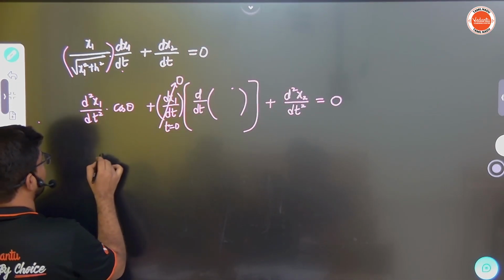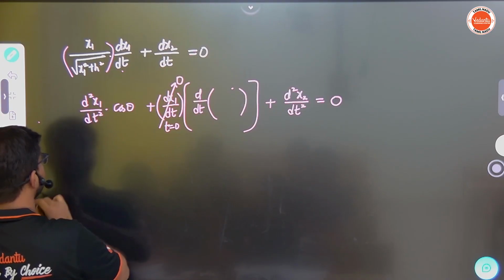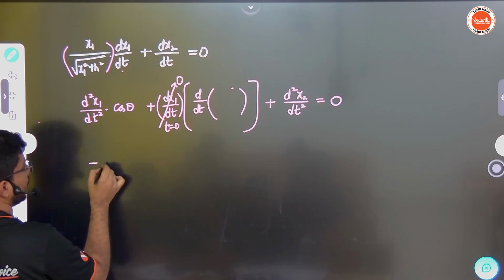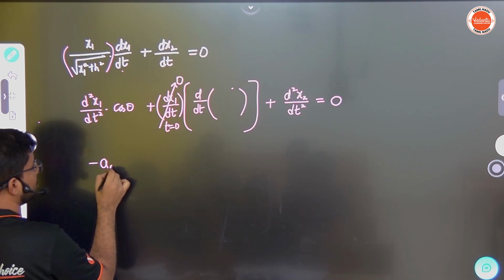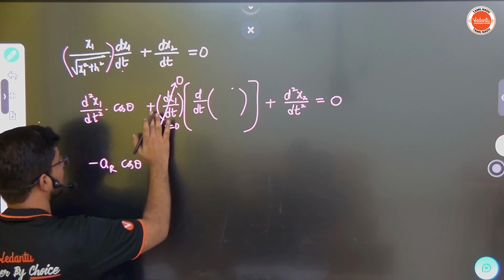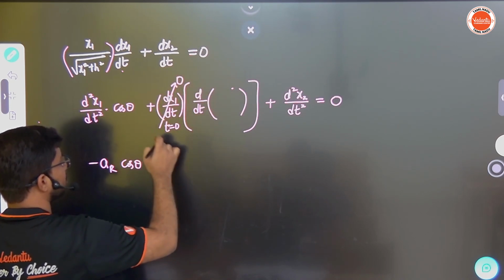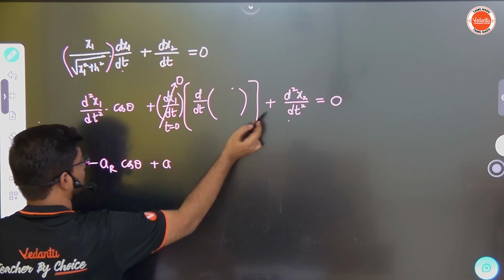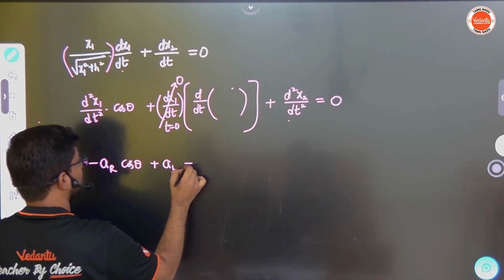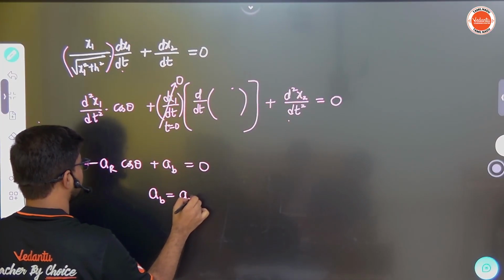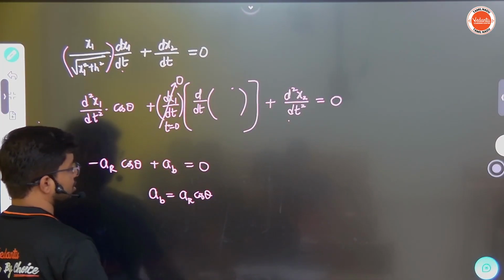So now this is d square x1 divided by dt square minus acceleration of the ring times cos theta. I think many people are having doubt in this portion. I'll take that. This is acceleration of the block here is equal to 0. So you'll get acceleration of the block is equal to acceleration of the ring times cos theta.